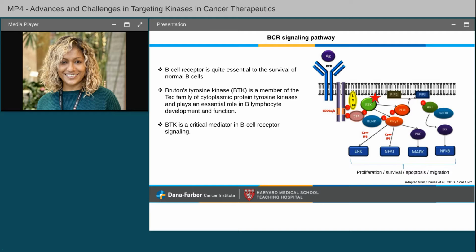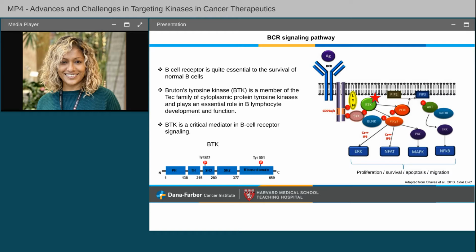Now, BTK tyrosine kinase is a member of the TEC family kinases and plays an essential role in B lymphocyte development and function. And as you will see, BTK is a critical mediator in this pathway. So as I mentioned before, after antigen engagement, Syk and Lyn phosphorylate CD79A and B, which phosphorylates BTK at the tyrosine 551 site. And then BTK gets autophosphorylated at tyrosine 223.